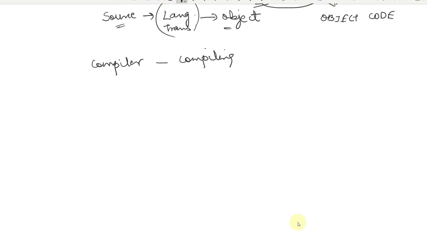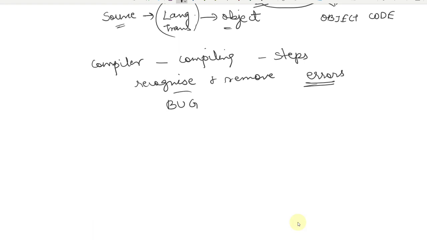The steps are to recognize and remove the errors, so that everything is correct. From here you will know the term bug. Bug means a computer error.